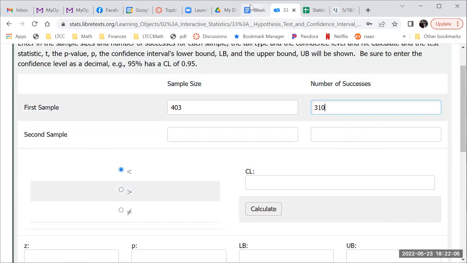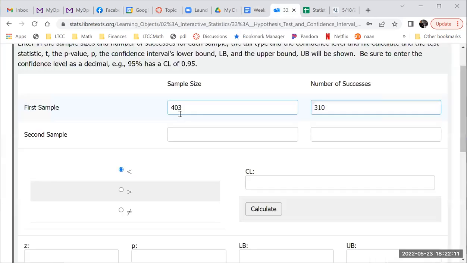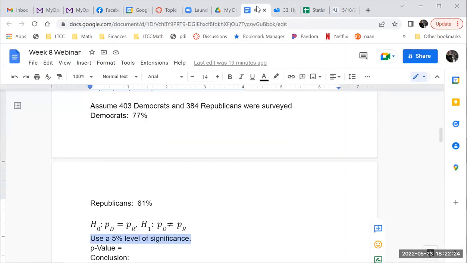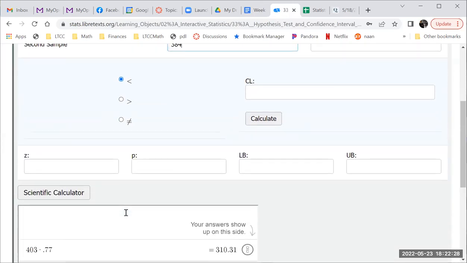Okay, the second sample had 384 Republicans. And of those 384, 61%. That's 234 yeses.